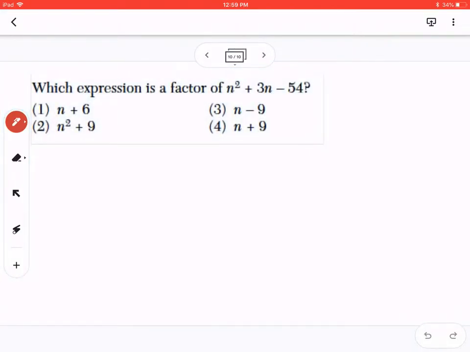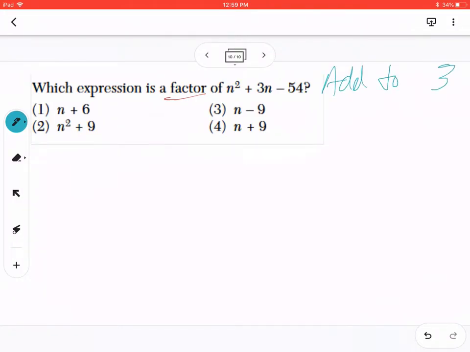In our last example from yesterday's classwork, we have to find a factor of n squared plus 3n minus 54. So we need to figure out numbers that add to be that middle term.